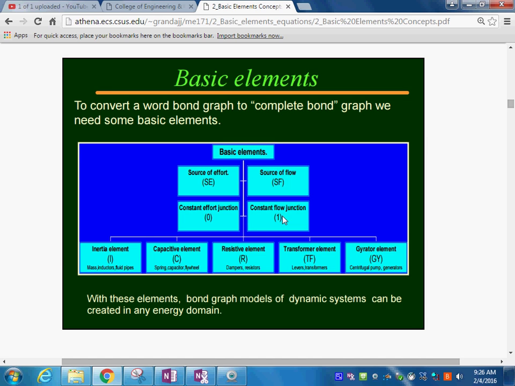It's amazing that with 9 elements, the ones that are laid out on the board, you can actually do this. You can model just about anything under the sun.